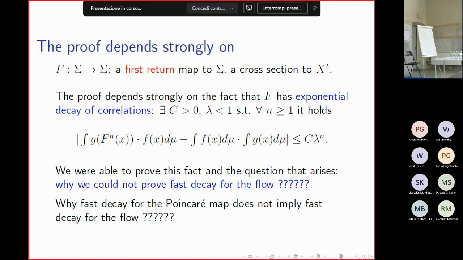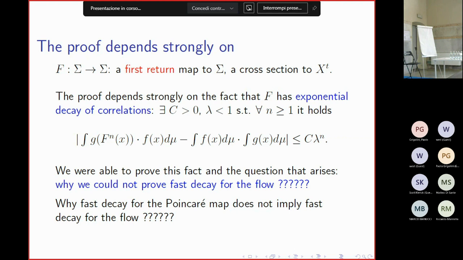Everything depends on this: you have the flow on three-dimensional space, and through the cross-section you cut one dimension and go to a two-dimensional analysis with this map, which is discrete somehow.